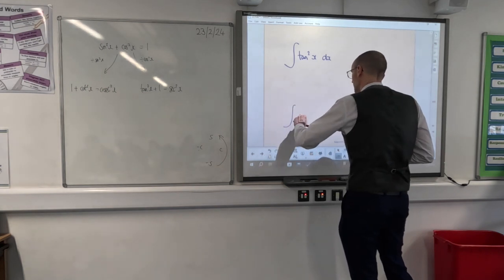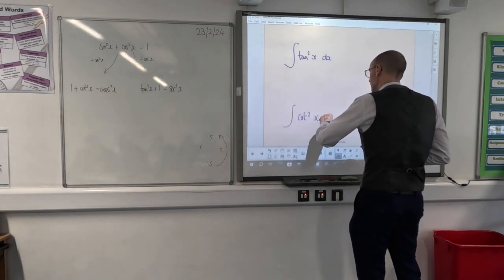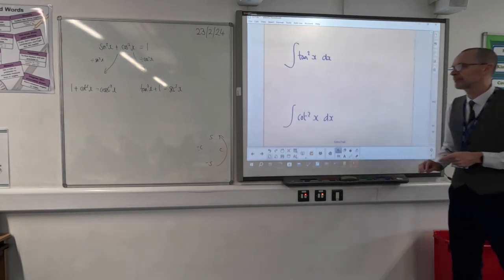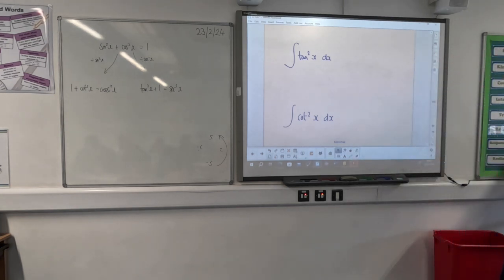There's a fairly similar process for integrating cot squared, but it's not helpful in this particular case.